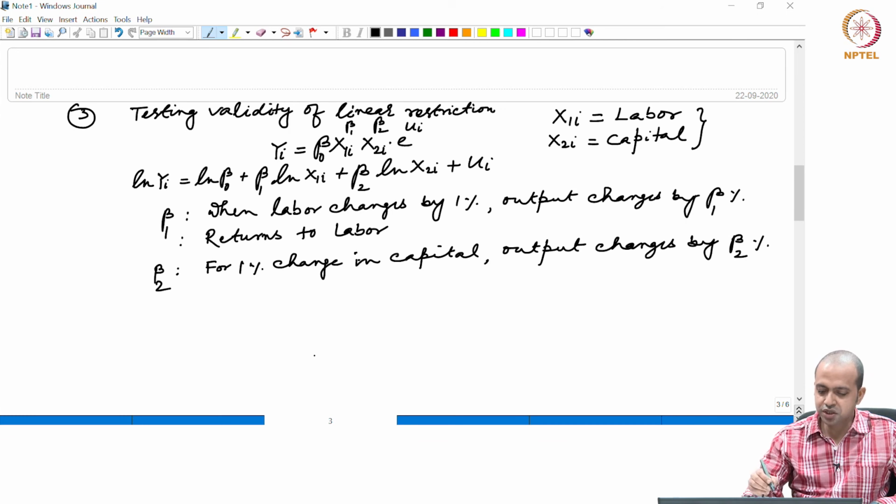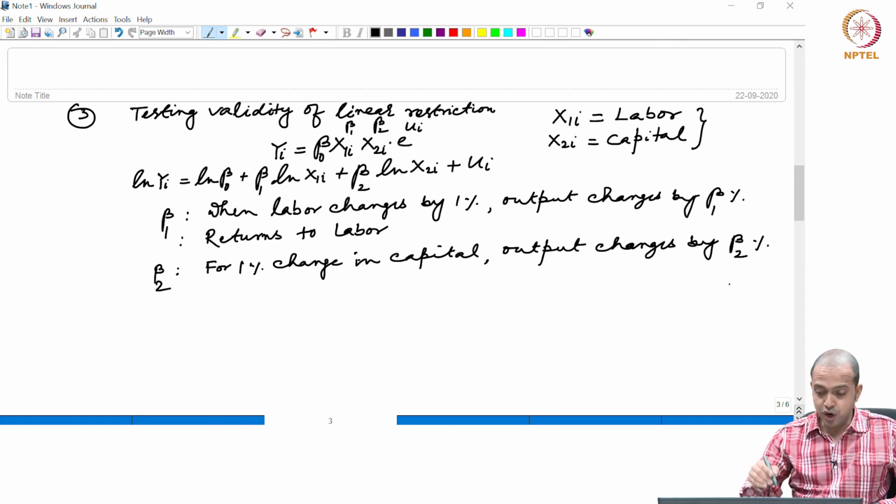So, when I am saying the interpretation of beta 1, when labor changes by 1%, output changes by beta 1%, keeping capital constant. Similarly, when capital changes by 1%, on an average output changes by beta 2%, keeping labor constant. That means I am not changing labor when I am changing capital.